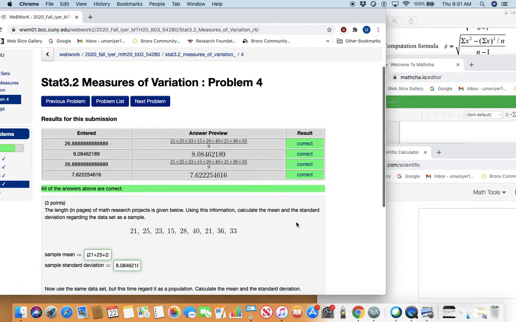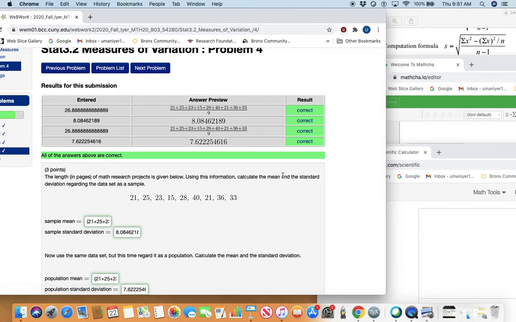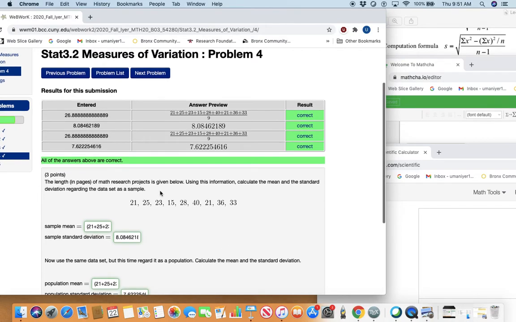All right, so this is good. Mind you, sometimes WebWork is willing to accept square root, SQRT, but sometimes it is not. So it's not a big deal. You can find the square root yourself and proceed.